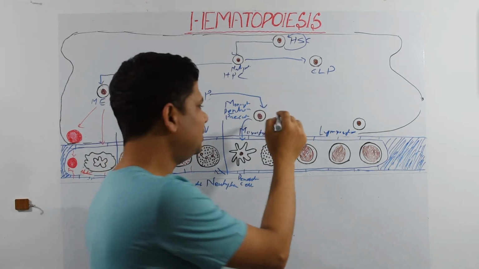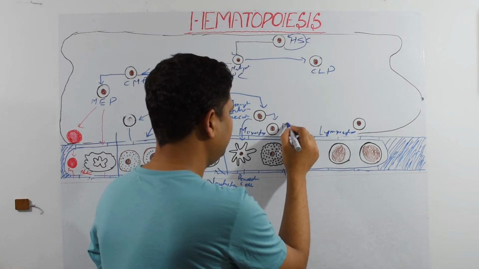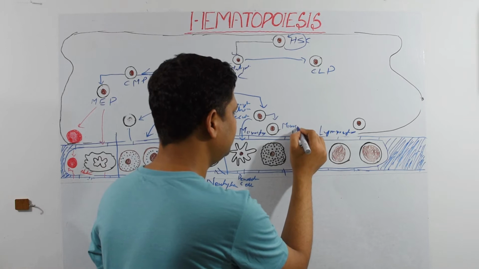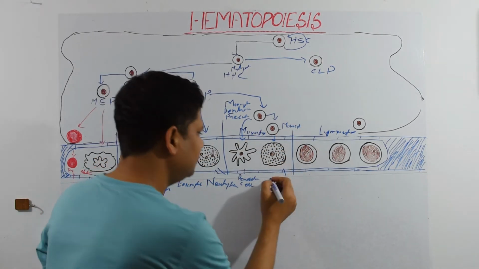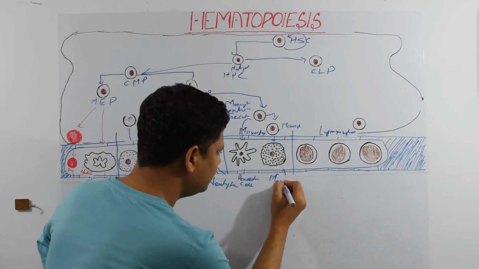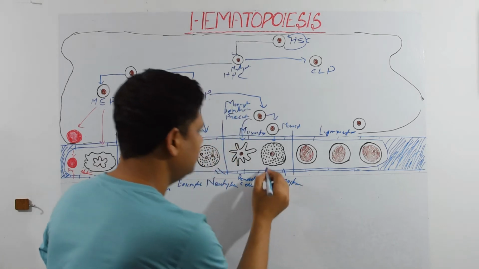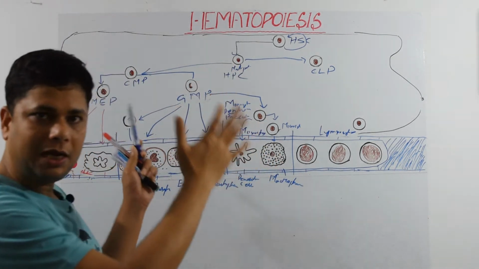And from these precursor cells, monocyte cells are developed. These monocytes then become macrophages. And this part is myeloid.